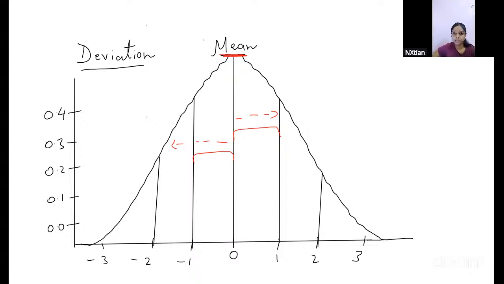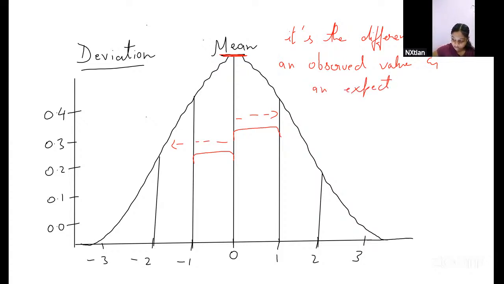Basically, what you have to keep in mind is that if I say the word deviation, it means the difference between an observed value and an expected value.